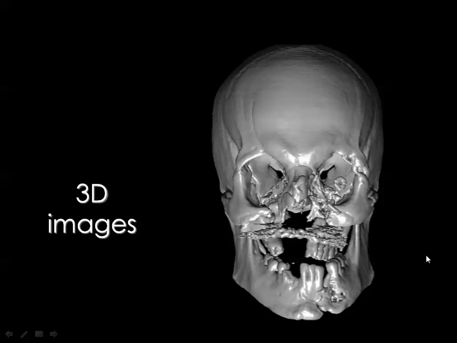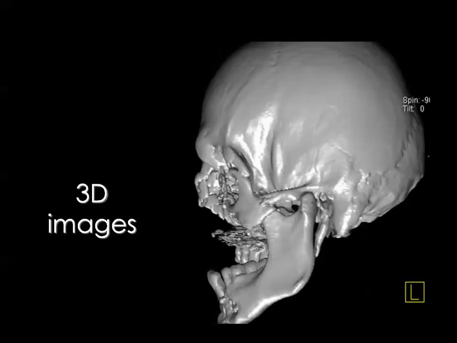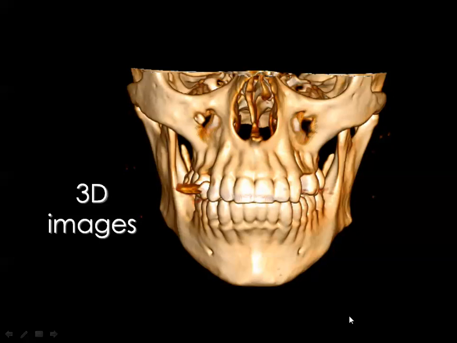But you can also reconstruct the region of the mandible in a 3D way, so that you are able to assess the region of the temporomandibular joint, and you have good anatomic details, as well as pathologic details.